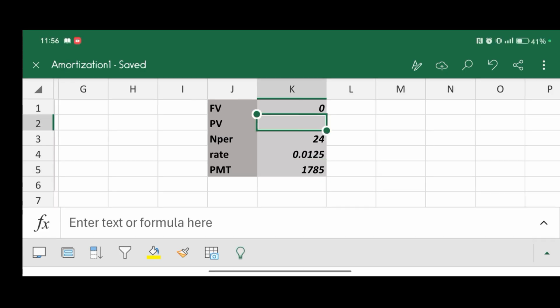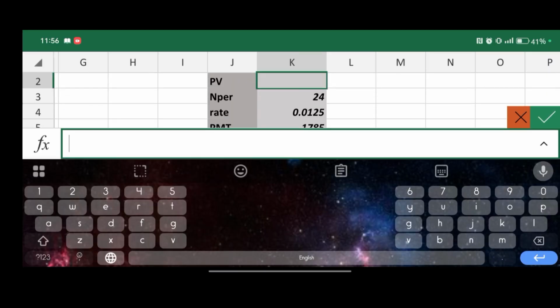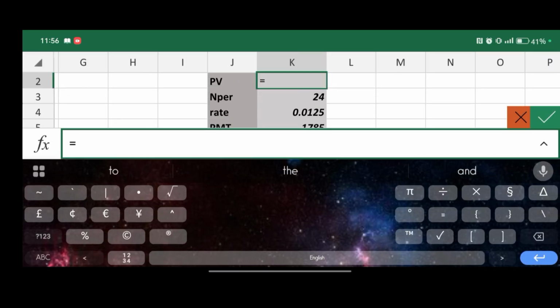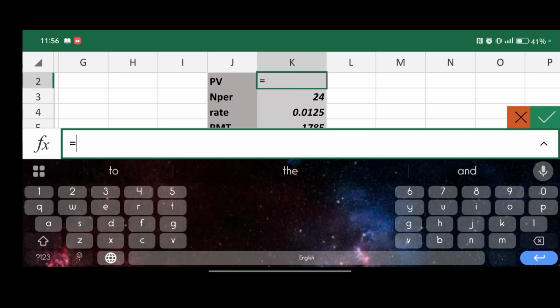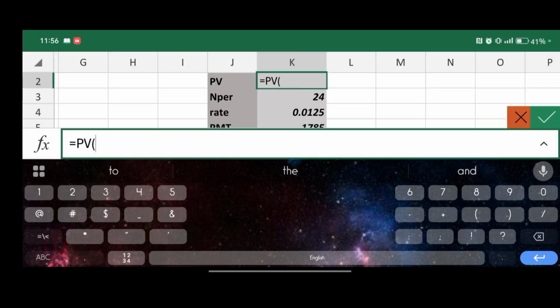So the next thing to do is to find the present value. To compute, let's consider putting an equal sign first to help Excel determine that the elements that are plugged in are parts of a formula. So it is followed by PV, then open parenthesis.